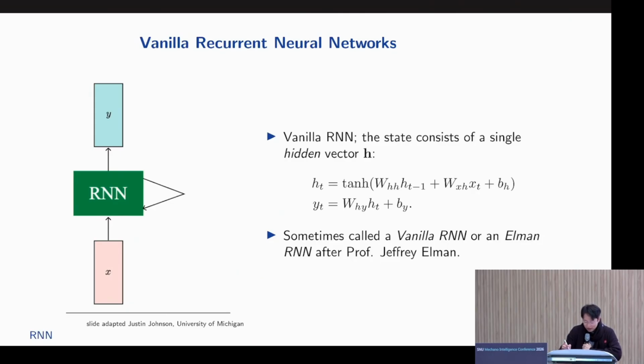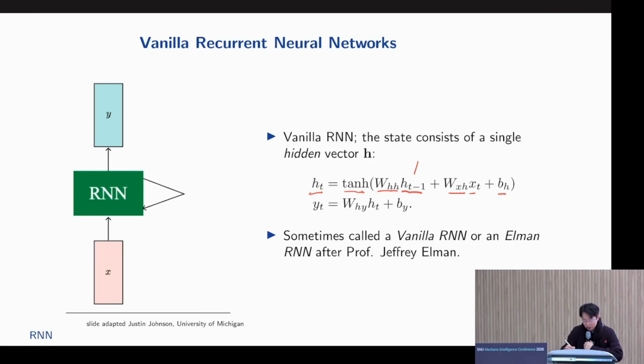It typically has 3 matrices. WHH takes the hidden state and applies to the hidden state. WXH takes the current input XT and applies this matrix. And you also have some bias, and you have nonlinearity. That's going to be your updated hidden state.